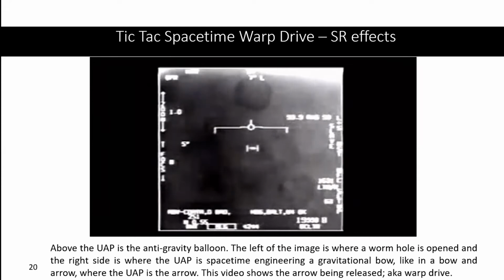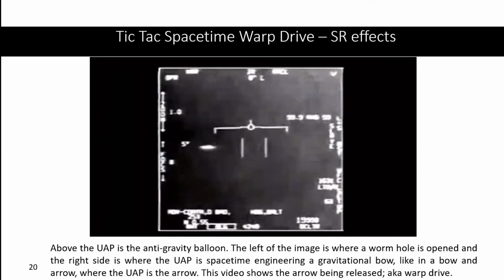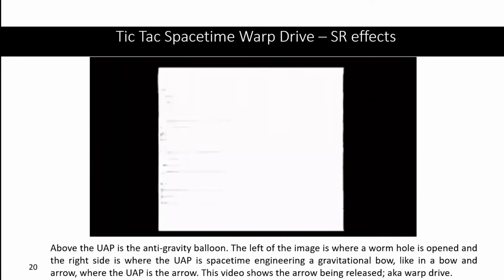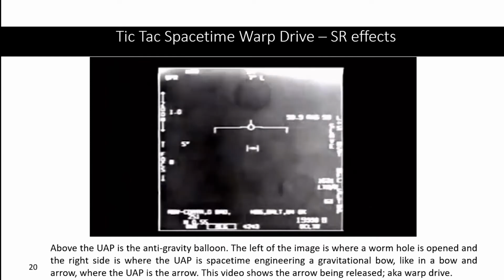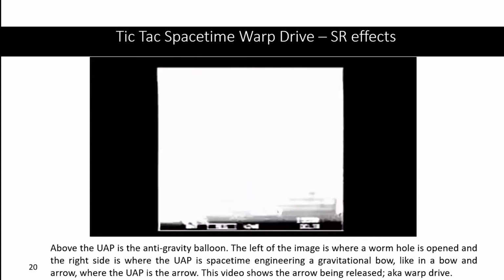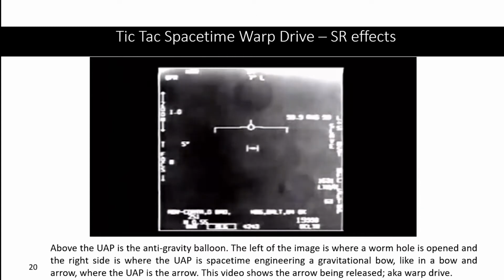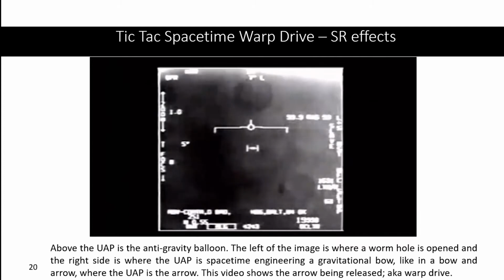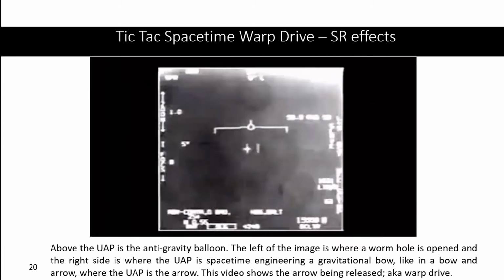Above the UAP is the anti-gravity balloon. The left of the image is where a wormhole is opened, and the right side is where the UAP is space-time engineering, kind of like a gravitational bow, like in a bow and arrow, where the UAP is the arrow. The video shows the arrow being released, aka going warp drive.